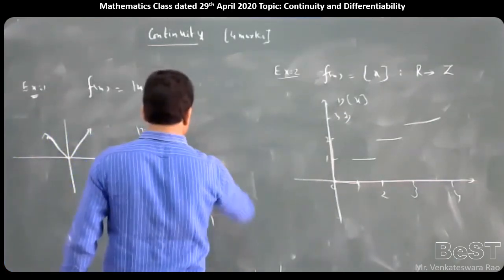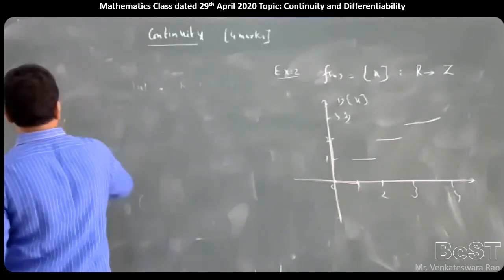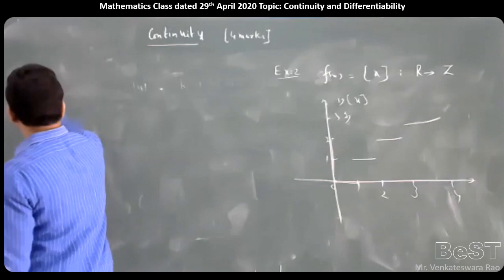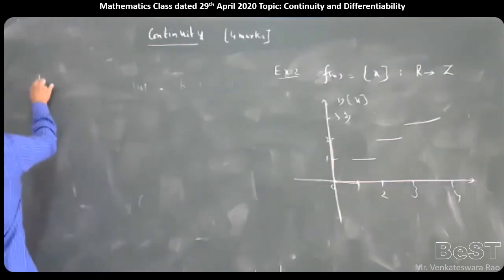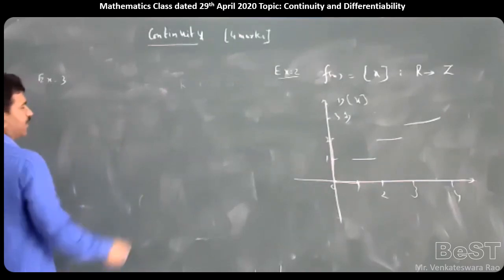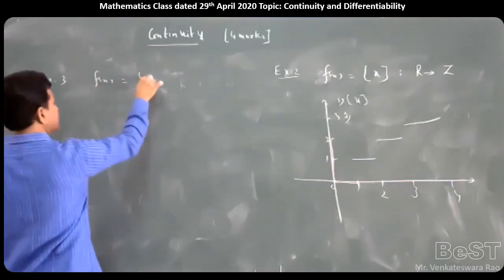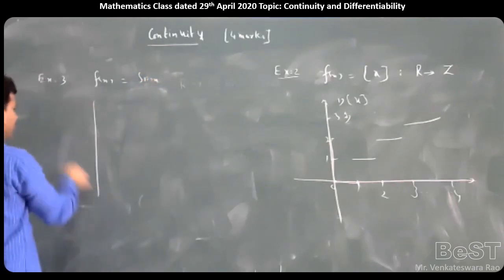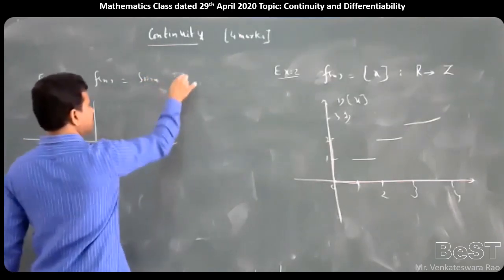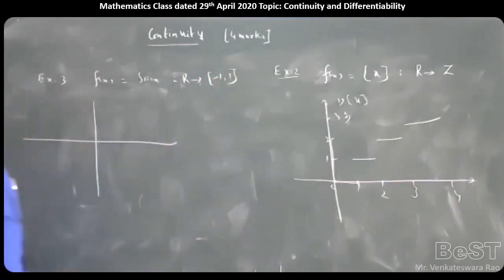So I can have many problems based on these two, mod x and step x. Next, another example I'm taking. See example 3. I'm taking f of x is equal to sin x. What is the sin x graph? What is its domain and what is its range? Range is the closed interval -1 to 1.